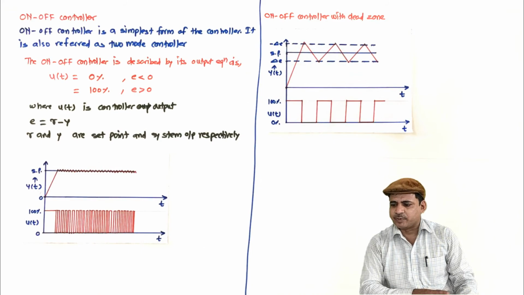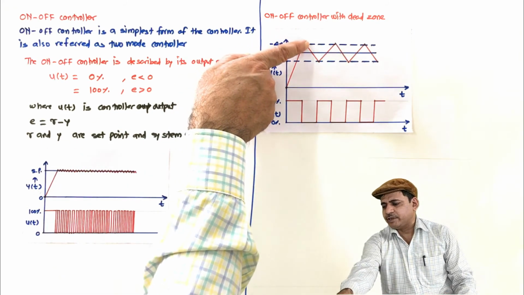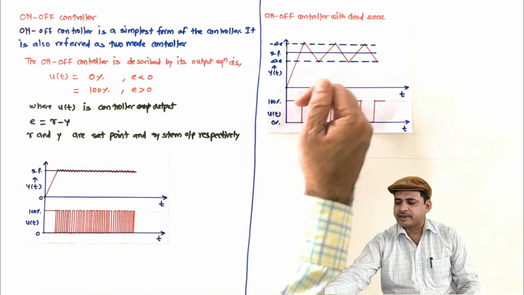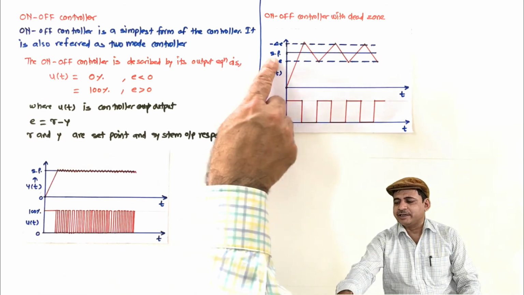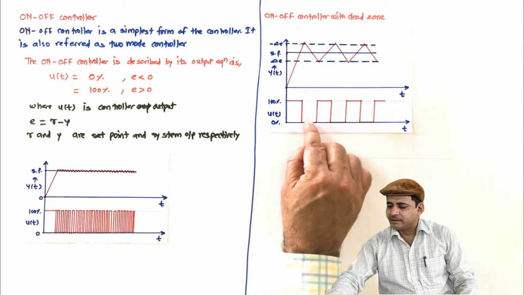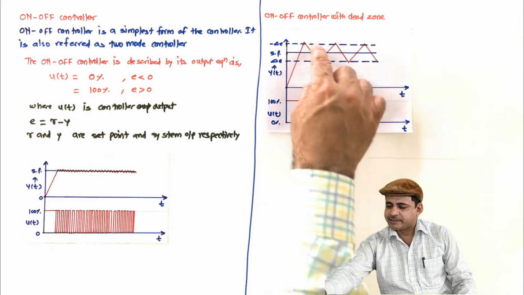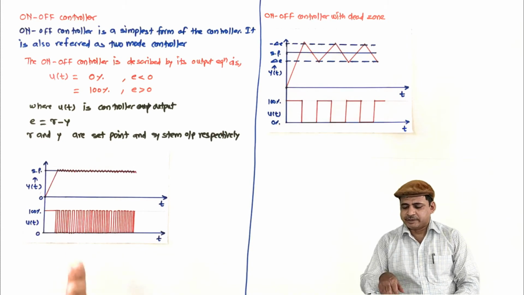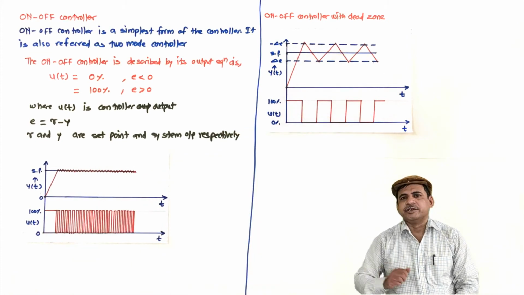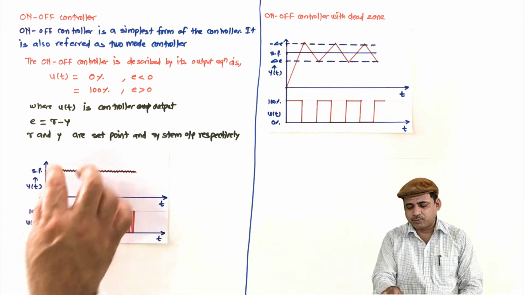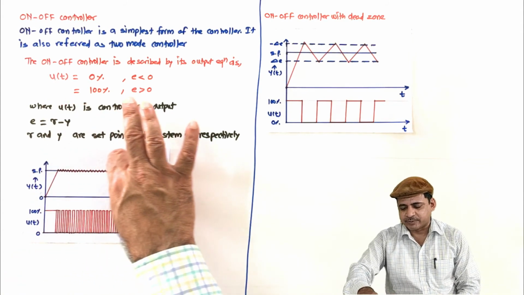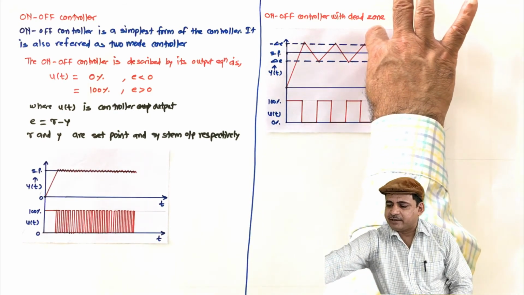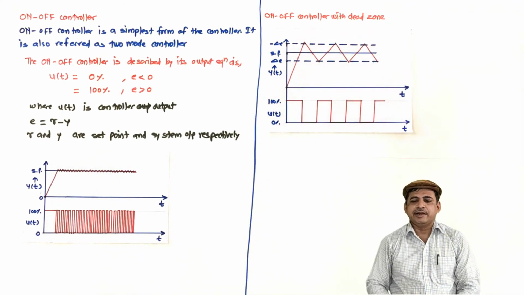Then it will stay at 0% until the output decreases below the lower threshold, that is, the error becomes more positive than delta E. This way you can see the output of the on-off controller. The chattering present earlier is reduced here. However, earlier the output was in the vicinity of the set point, whereas here it oscillates in a predefined band around the set point.